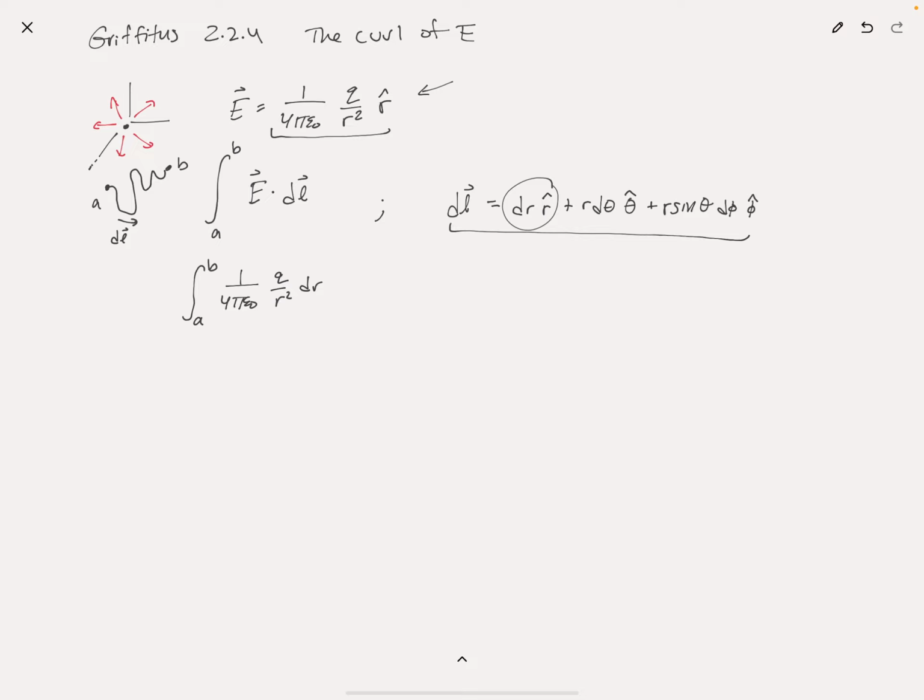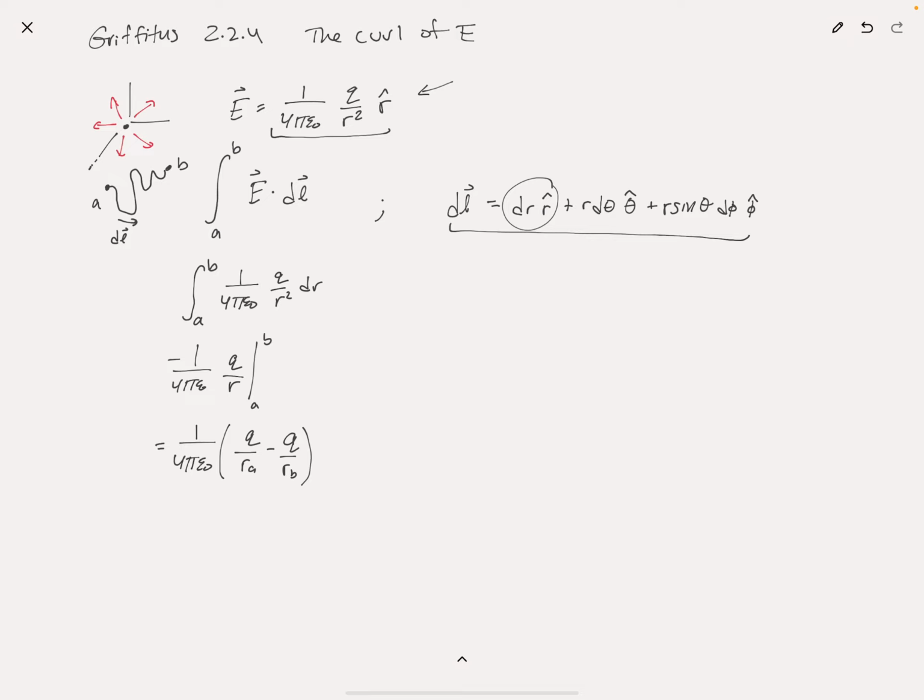All right, so we can evaluate the integral for arbitrary positions A and B. I do that integral, I get a negative sign, negative 1 over 4 pi epsilon naught, q over r evaluated at positions A and B, which becomes 1 over 4 pi epsilon naught, q over r_A minus q over r_B, where I've put that minus sign back in and switched the order of those terms to match the book.